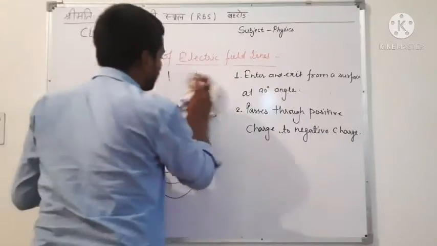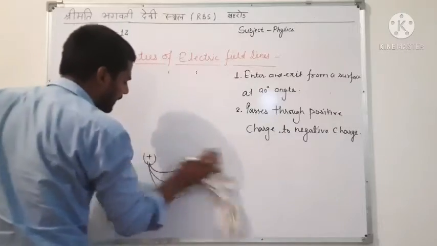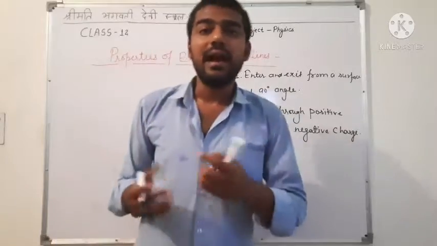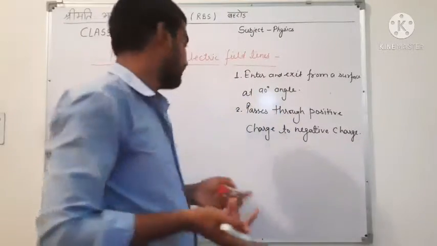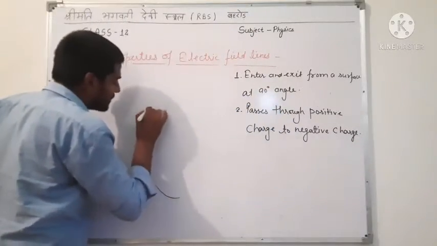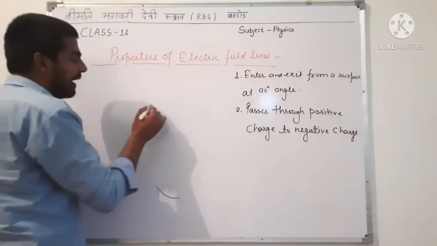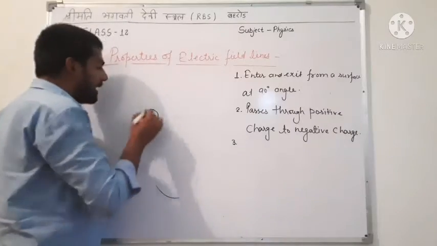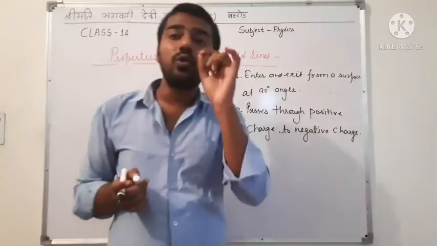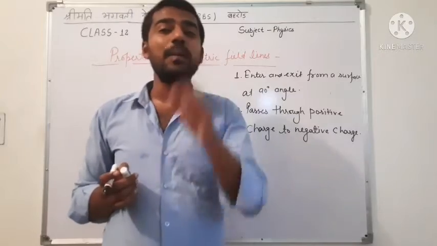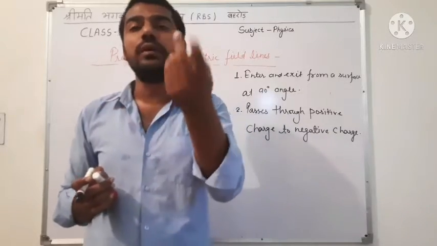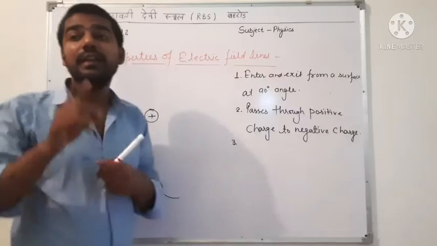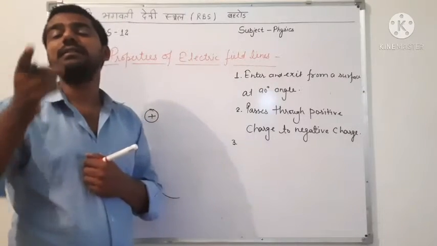Next, the third property of electric field lines is, if we have only one charge, either positive or negative, say only one positive charge, then according to electric field lines, they pass from positive charge to negative charge. Here we have only a positive charge, then we assume the negative charge at infinity.